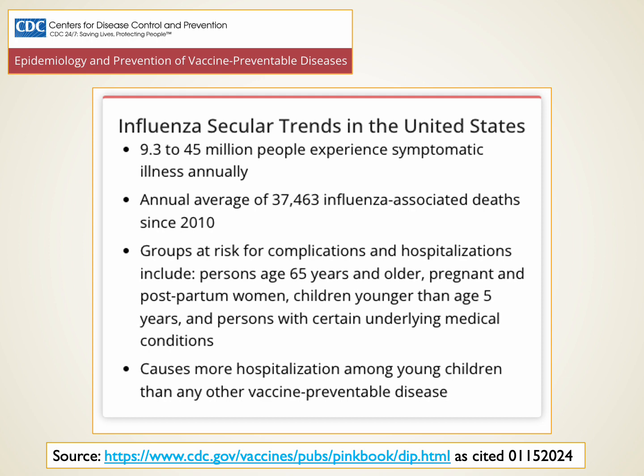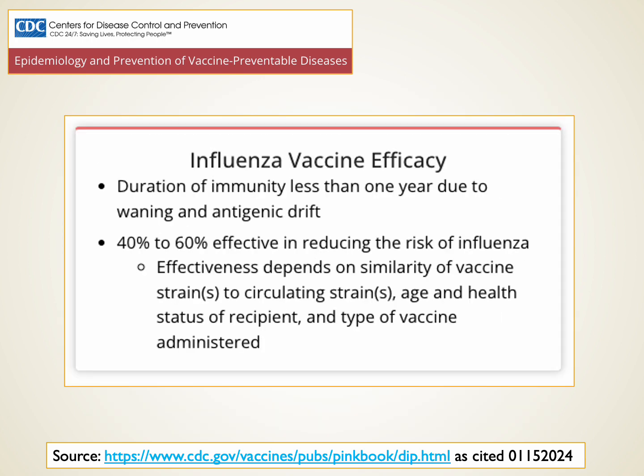Many of those are preventable deaths by vaccination, but we have to be clear that this is one vaccine, and because of the genetic drift, it's not quite as universally effective. So we find that the efficacy ranges on average between 40 and 60%, but that really depends on the strain that is chosen.